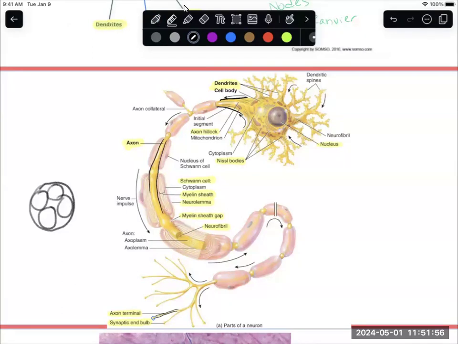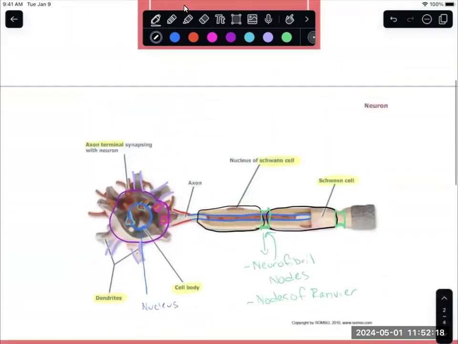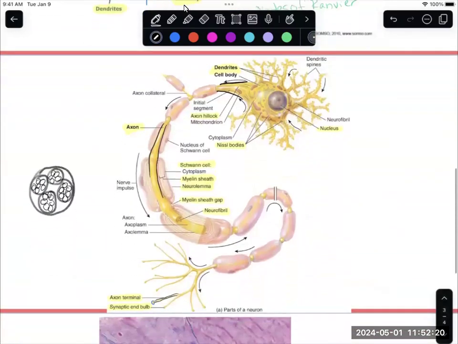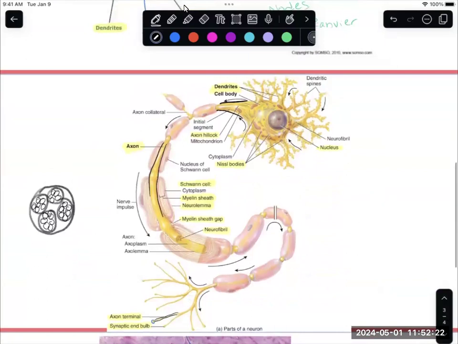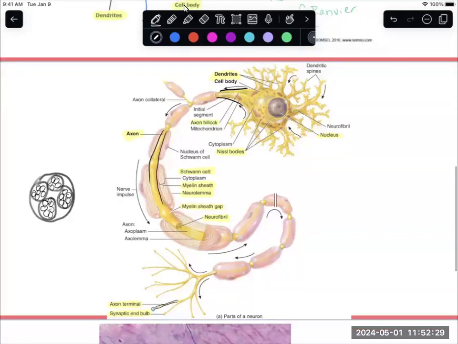That perineurium contains all of those different individual axons, and around those individual axons is where you're going to find that endoneurium. So in this picture, in this model, we're not going to see any of those because we don't have any models that really show those different layers.